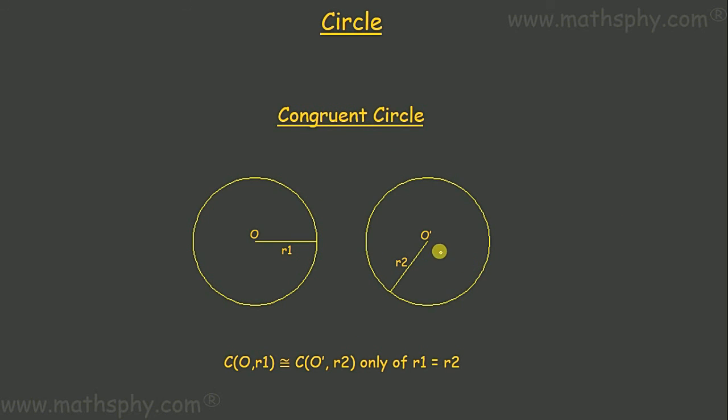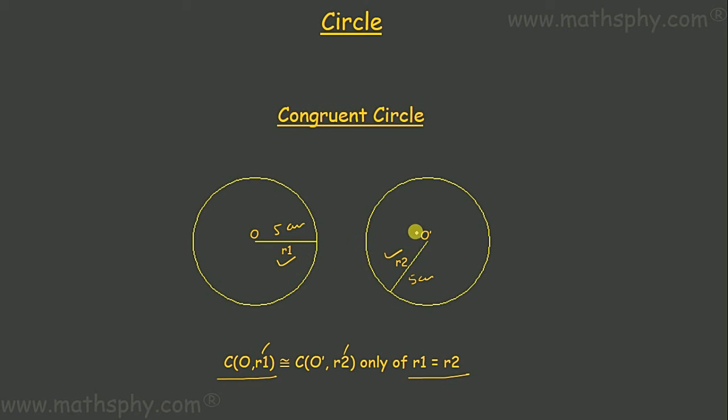Congruent circles. These two circles here, the only condition which can make these two circles congruent is if the radius of this circle and this circle are equal. If R1 and R2 are equal, suppose this is 5 centimeter and this is also 5 centimeter, in that case these two circles will be equal.